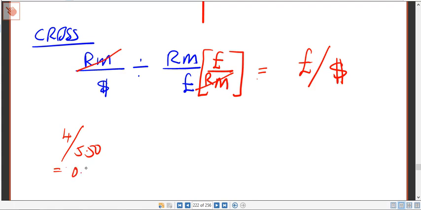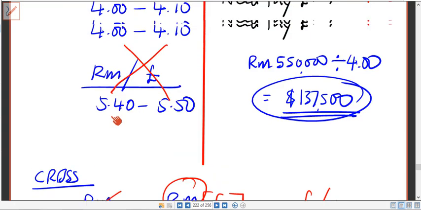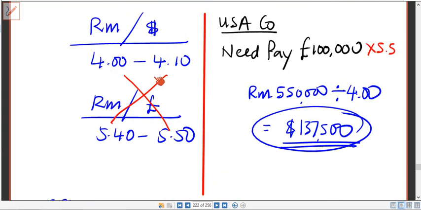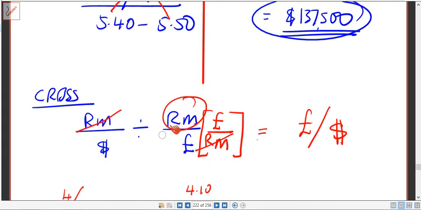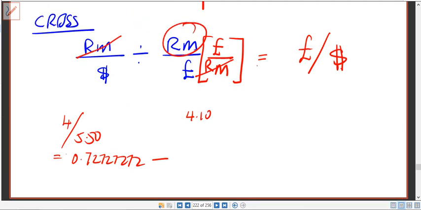For accuracy purpose, I'm going to take a couple of decimals here. 0.72727272. Is that okay? And the other one, I cross it to be 4.1. RM on top, correct or not? This one is on top, so this is first, this comes second. So I divide with what? 5.4. What do you get?